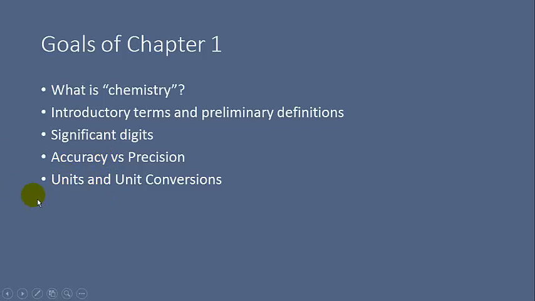And probably the most important thing that you will need to take from this entire chapter, in terms of importance and how it will bear towards the later chapters, is this last bullet point, the fifth one, units and unit conversion.